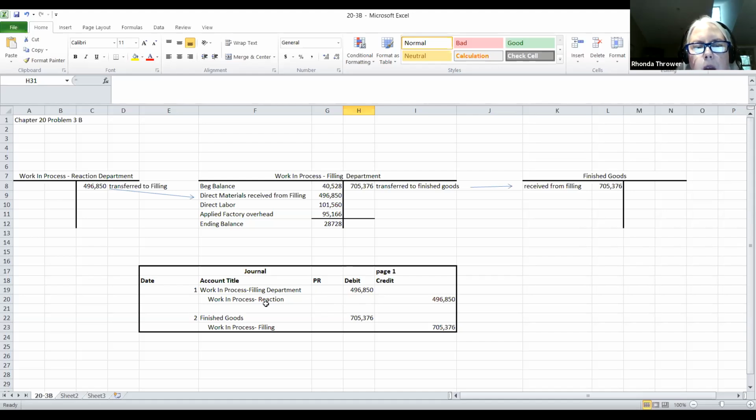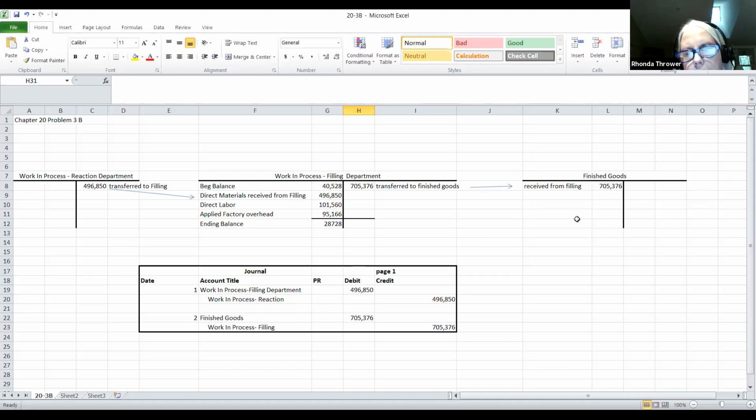We would have credited our work in process, reaction department, because what was finished in the reaction department is transferred to the filling department where it's further worked on. And when we get finished this month, we're going to transfer our cost out of the filling department into finished goods. It's important to understand the flow of cost through the ledger accounts.